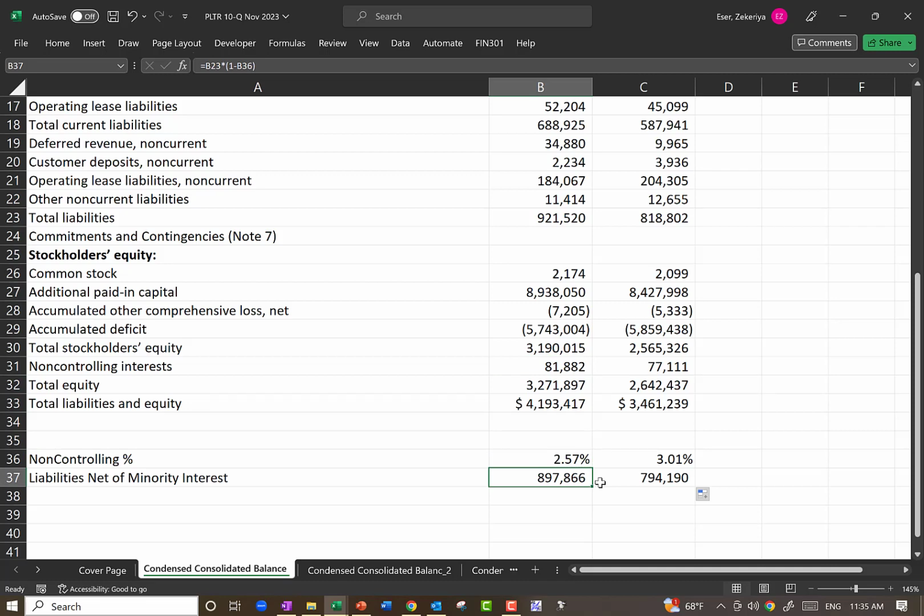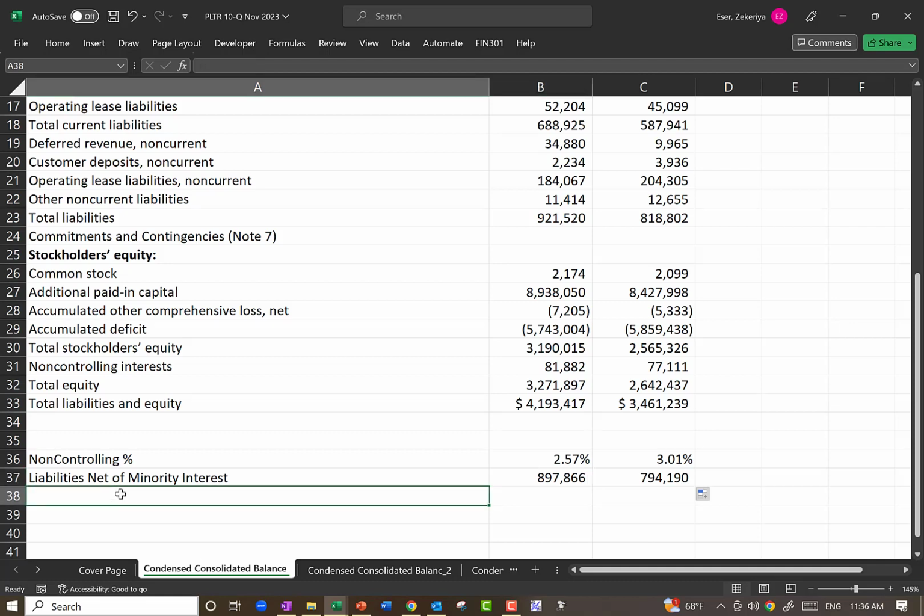In this case, this is a better idea. Remember, the market price that we're using, that's the price of one share of whatever stock you're using. So it is, by definition, net of any minority interest. So if you're calculating enterprise value, we need to actually make that correction. Same thing, cash-like assets, net of minority interest.